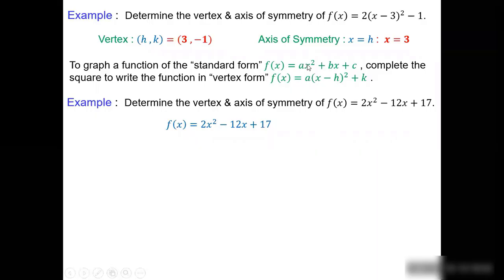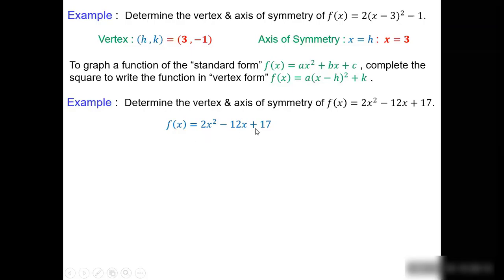Our goal is to start with a trinomial and turn it into a form like vertex form. So if we think about what happens here, we first of all want there to be a coefficient on the outside of parentheses. And we also want there to be some number added or subtracted to the end after the parentheses.